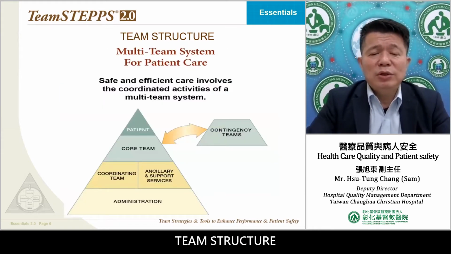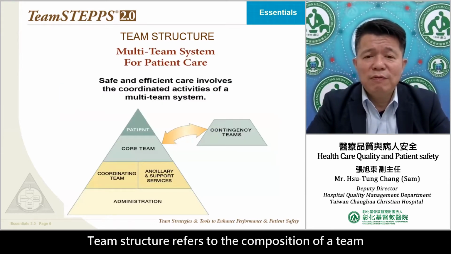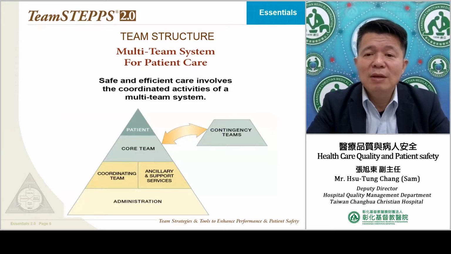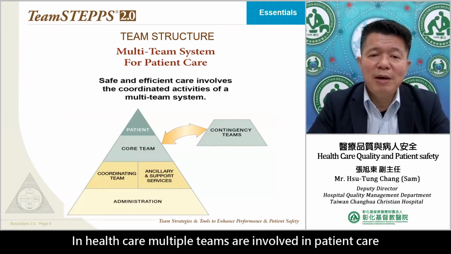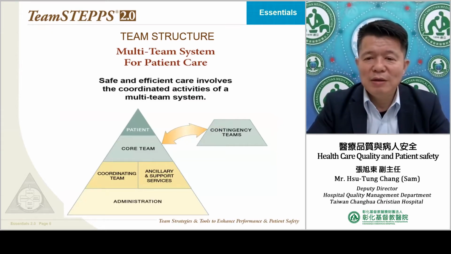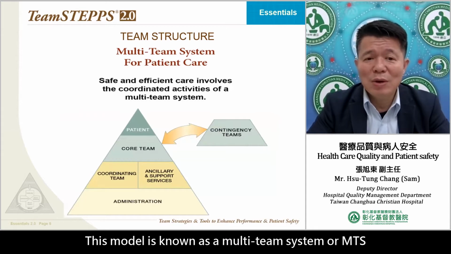Team structure. Team structure refers to the composition of a team. In healthcare, multiple teams are involved in patient care. This model is known as a multi-team system or MTS.